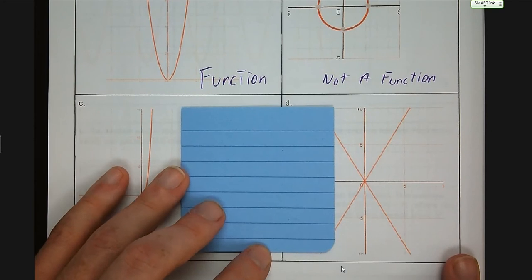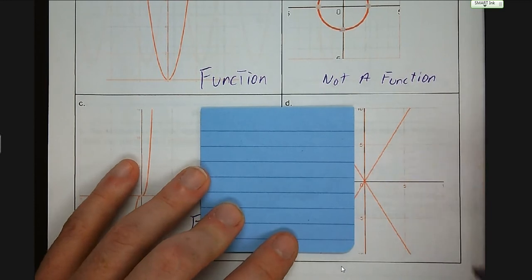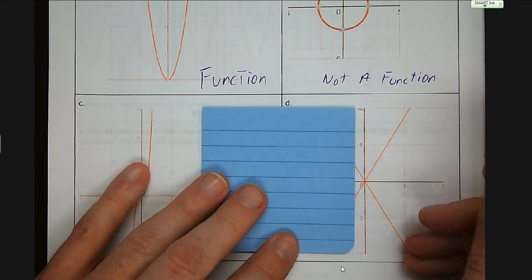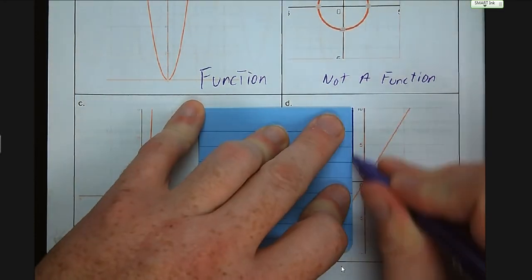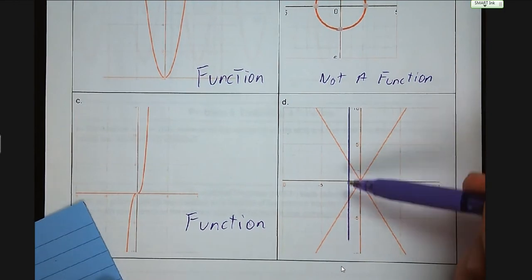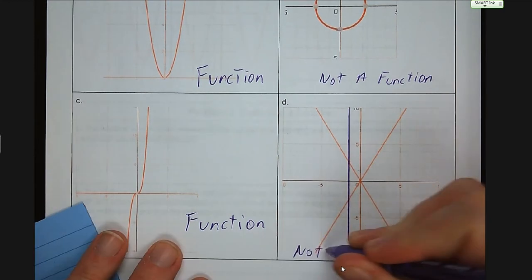So if I put my vertical line across it, you can see that here and here I'm touching 2 different points. So if we were to actually just draw in a vertical line on our graph, you would see that that vertical line touches a point there and it touches a point there. So this is not a function.